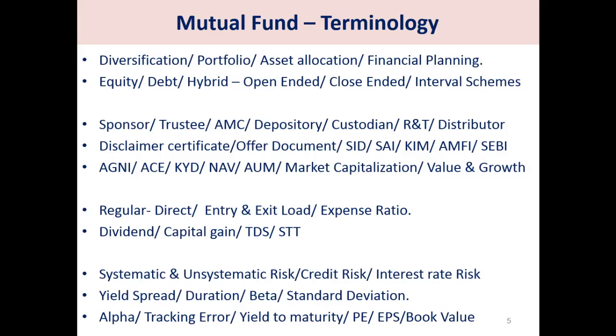One should be clear about, if a question comes like how the interval fund behaves, and what the number of closing days in the interval fund is, minimum or maximum, something like that will be there. So we'll take this up slowly, but you should know the scope of your learning: equity, debt, hybrid, open-ended, closed-ended, and interval schemes. That way it works.